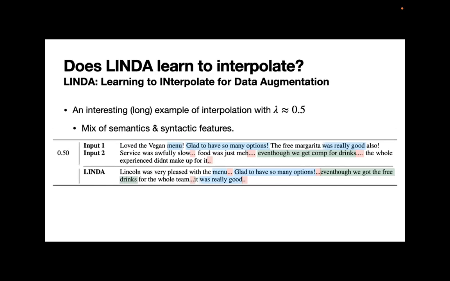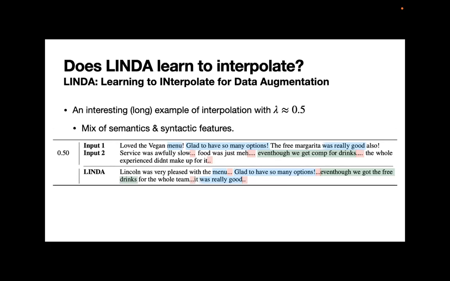And there are some interesting examples where we see that our lack of knowledge about the domain, or what interpolation means in natural language, is interpreted by this learning to interpolate model in a way that we didn't expect. So here, the first input is about how awesome the menu was, and how the drink was great.